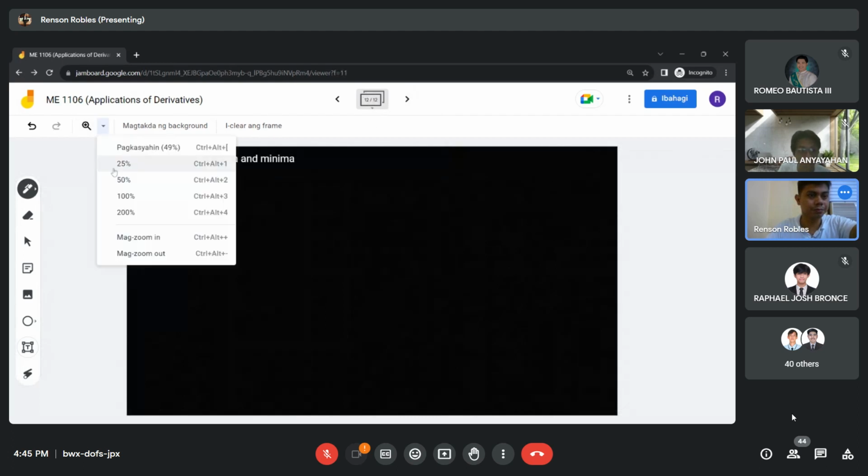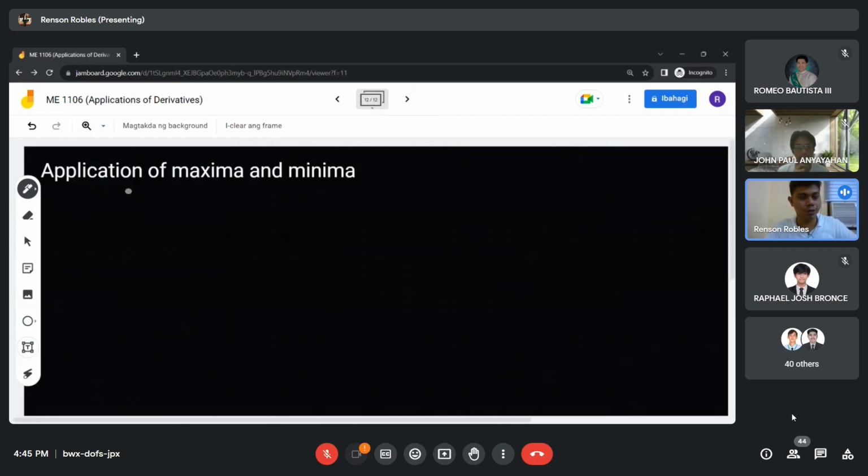Alright. Now, the concept of solving minimization and maximization problems can also be associated with finding the relative minimum and relative maximum points. The idea is that when you get the derivative of the function y equals f of x, so y prime equals f prime of x, you get the relative minimum and relative maximum points.